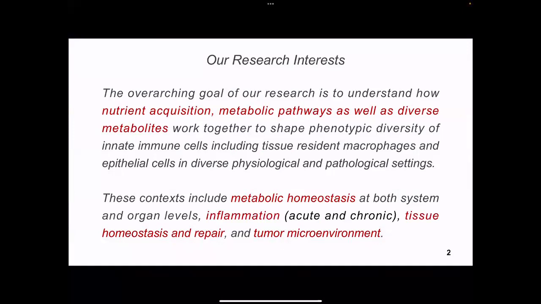These contexts include metabolic homeostasis at both system and organ levels, and also inflammation, including acute and chronic inflammation, and tissue homeostasis and repair. And recently, we also entered the field of tumor microenvironment.